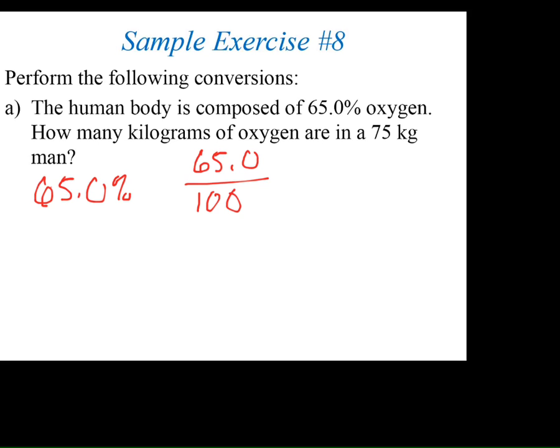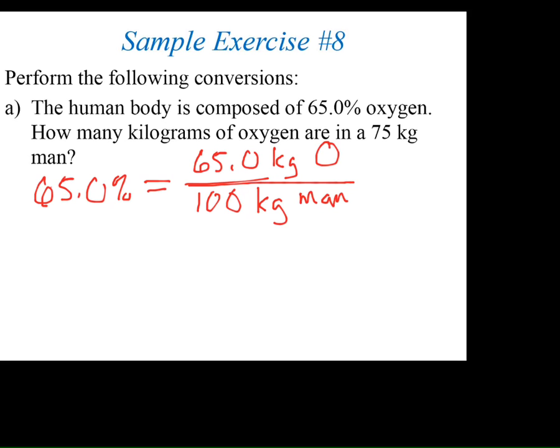In this case, I'm going to use kilograms, because it gives me everything in kilograms. So I'm going to say 65.0 kilograms of oxygen, I'll just put O, over every 100 kilograms of whatever the whole is. In our case, the whole is the man, or the person, or the body, however you want to write it. I'll just put man.